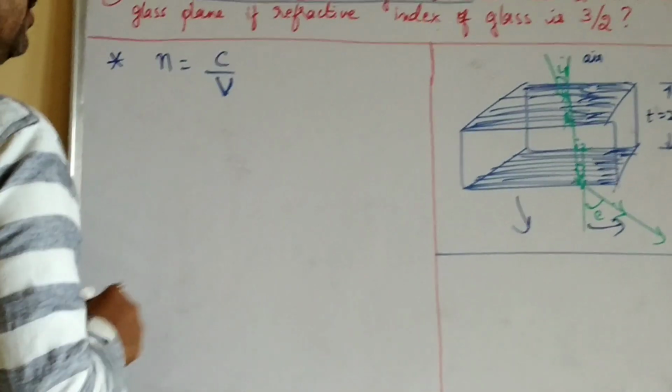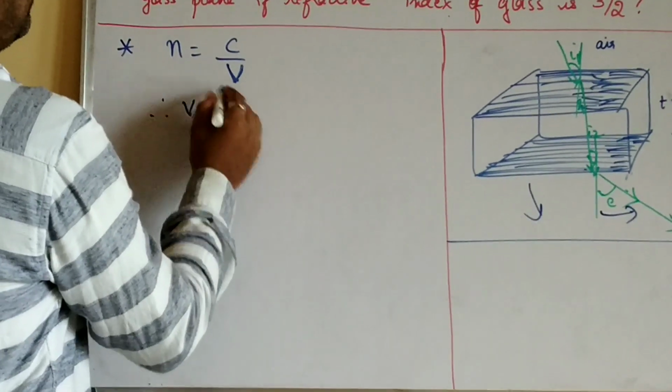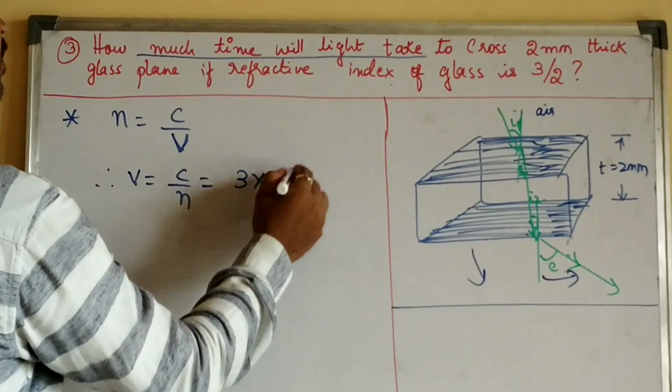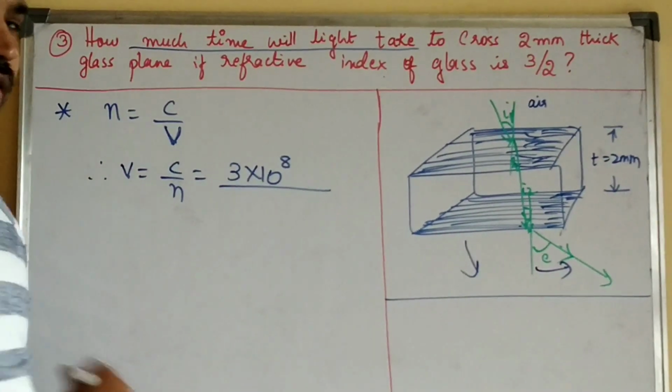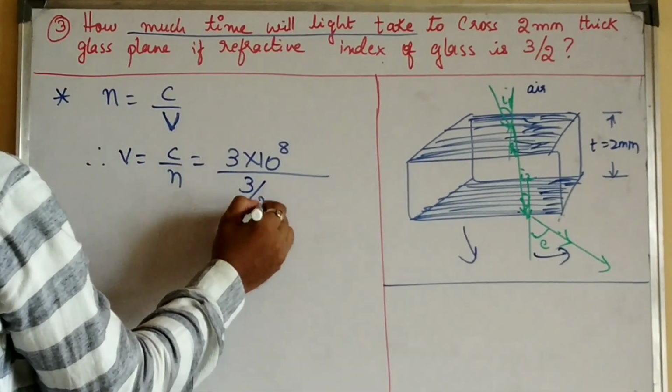Now N is equal to C by V. Therefore you have to find out V. Therefore V is equal to C by N. C is given, that is 3 into 10 to the power of 8 meter per second, the speed of light in air. Refractive index of glass is given, that is 3 by 2.